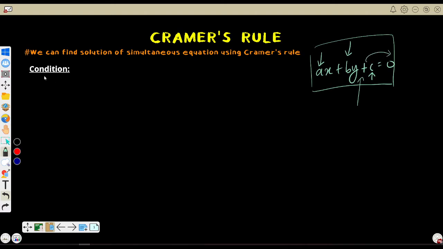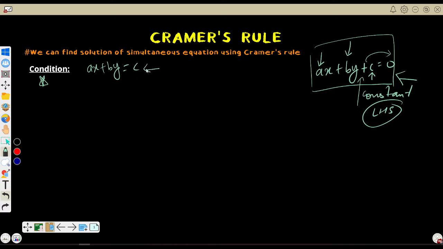You need to remember the condition, this is very important, the linear equations should be written in this format: ax plus by is equal to c. What it means, if you observe both the equations, in this particular equation the constant is in the left hand side, and in this particular equation the constant is on the right hand side.